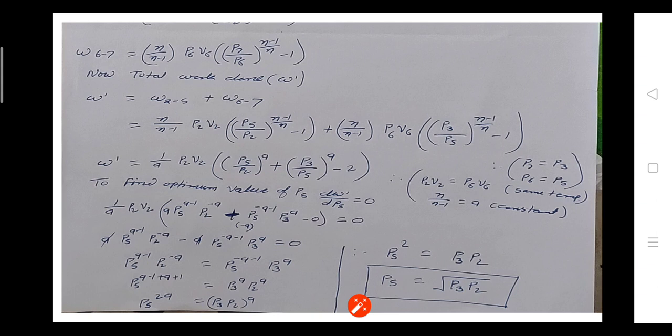Okay, now take the derivative. 1 by a P2 V2 is constant, so the derivative gives a into P5 raised to a minus 1 into P2 raised to minus a, minus a into P5 raised to minus a minus 1 into P3 raised to a, equal to 0.